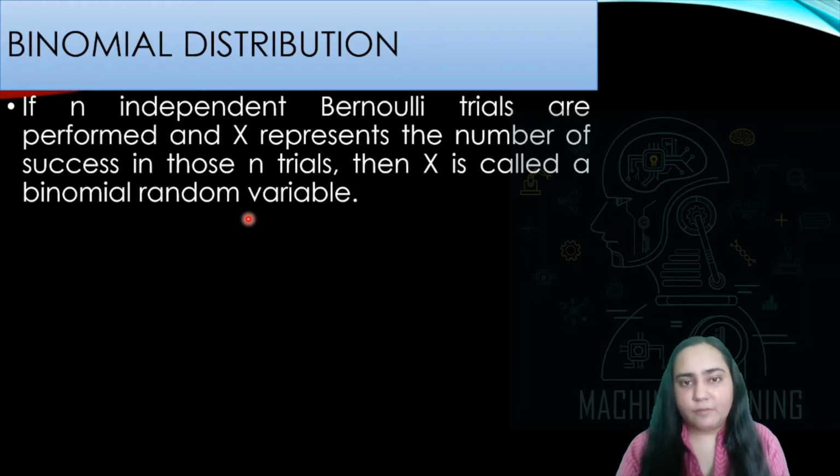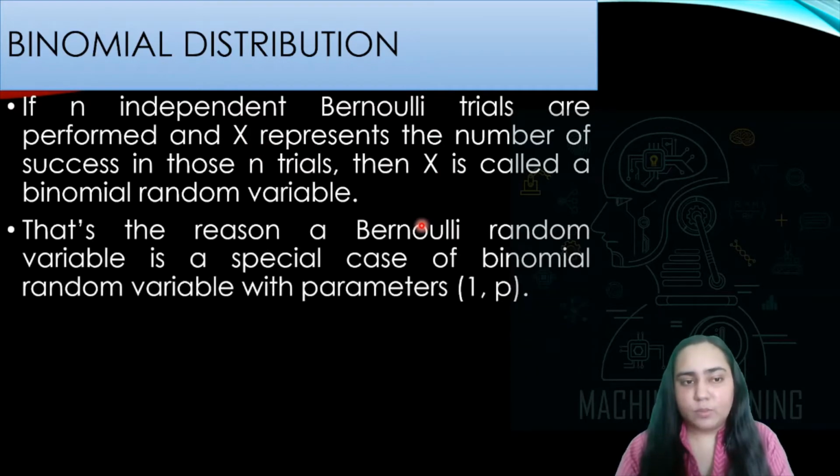If you have not one Bernoulli trial, but several, in this case n independent Bernoulli trials, then X is the number of successes in those n trials, and so you can call X a binomial random variable. That is the reason why a Bernoulli random variable is a special case of a binomial random variable with parameters 1 and p.